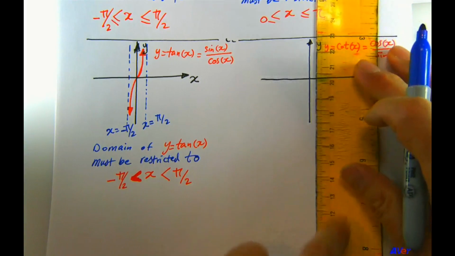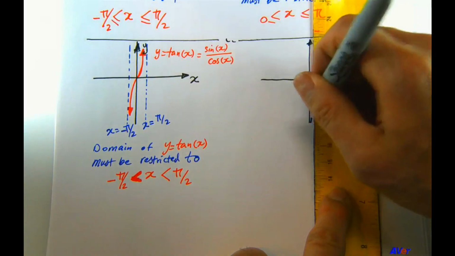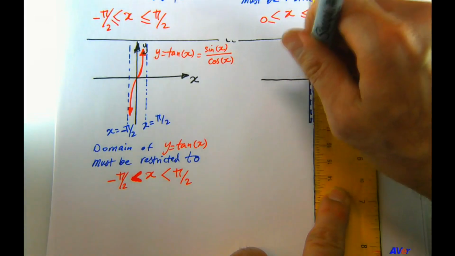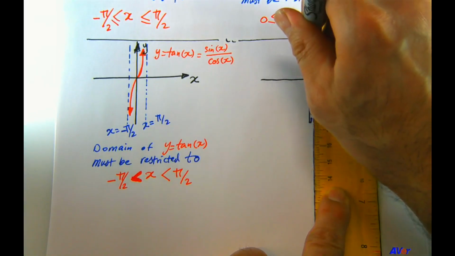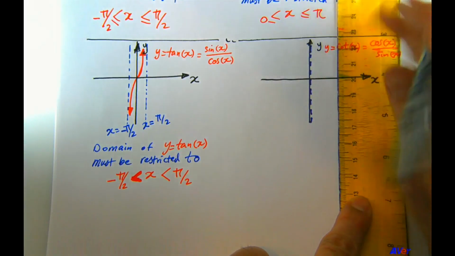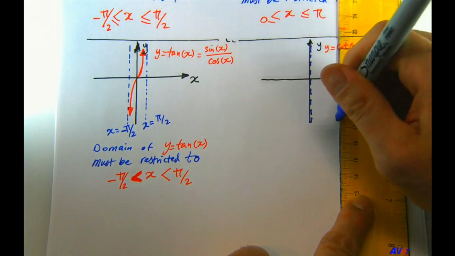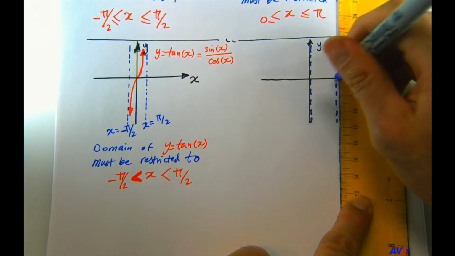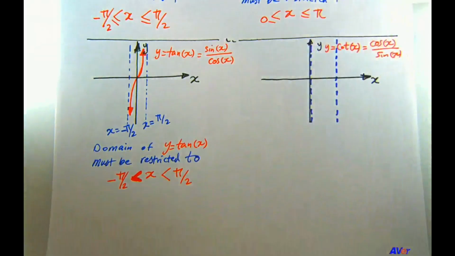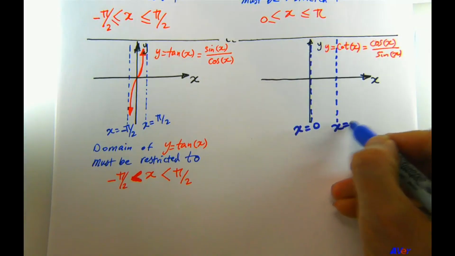One of the vertical asymptotes is the y-axis, so I'm just going to put a dashed line right next to it. And then pi. Let's say that is pi. So this is x equals 0. This one is x equals pi.